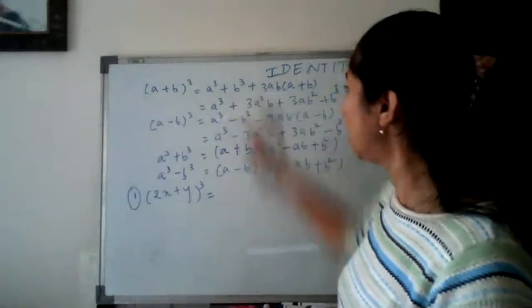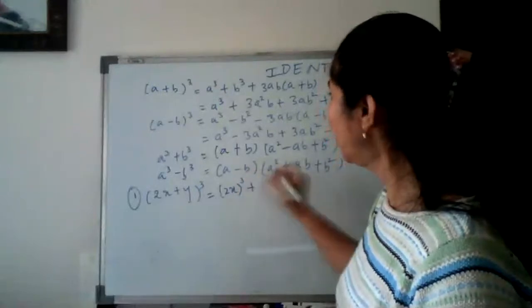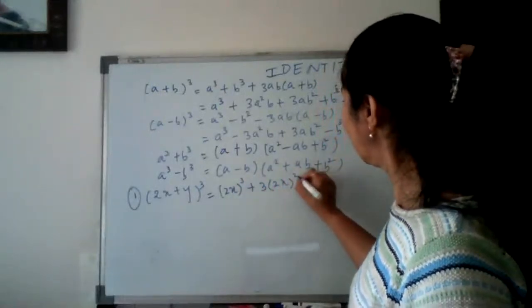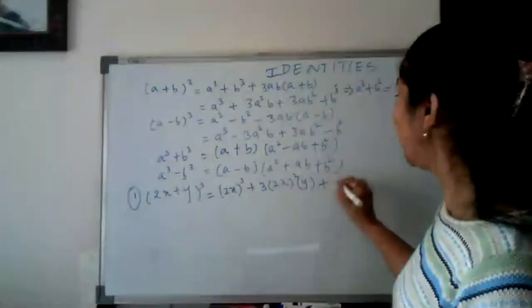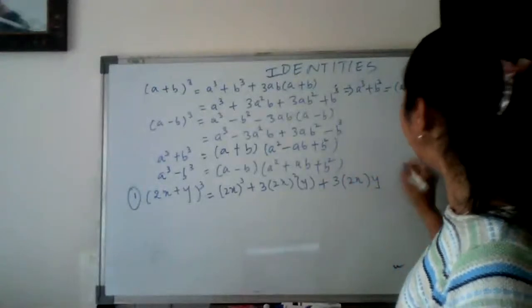So using the first one, it is 2x the whole cube plus 3 into. Now just observe it carefully. If in case there is some mistake, you have to find it out.